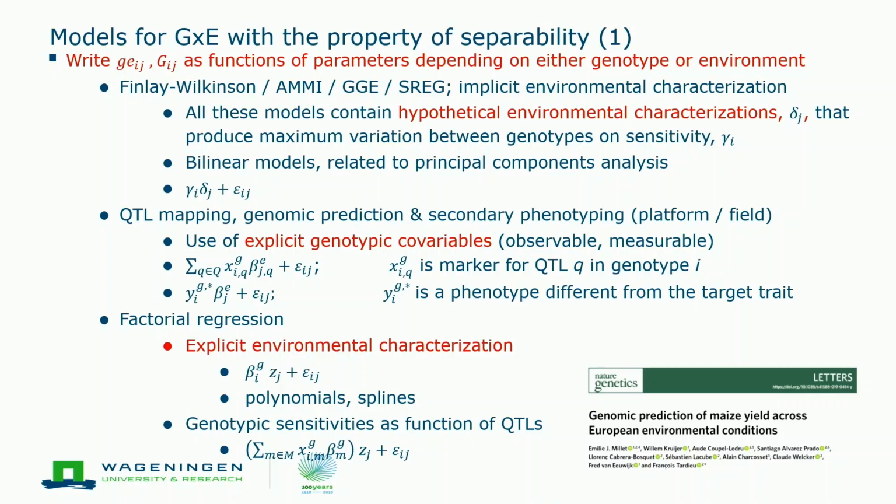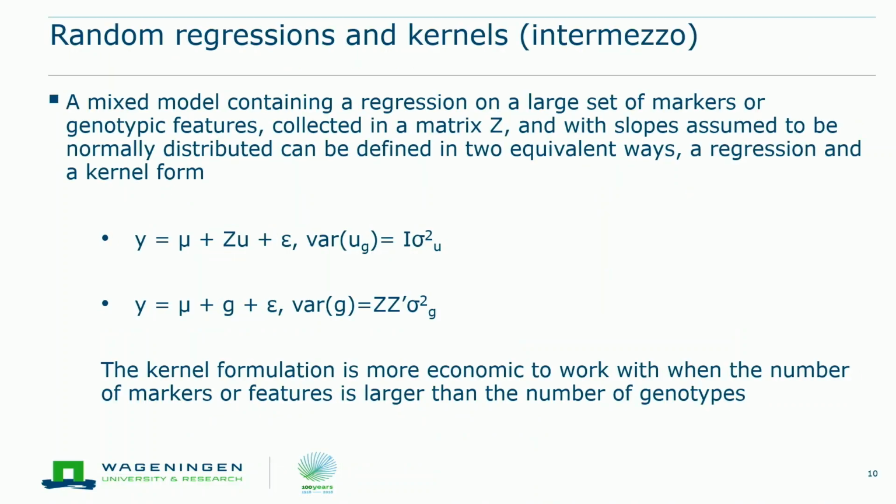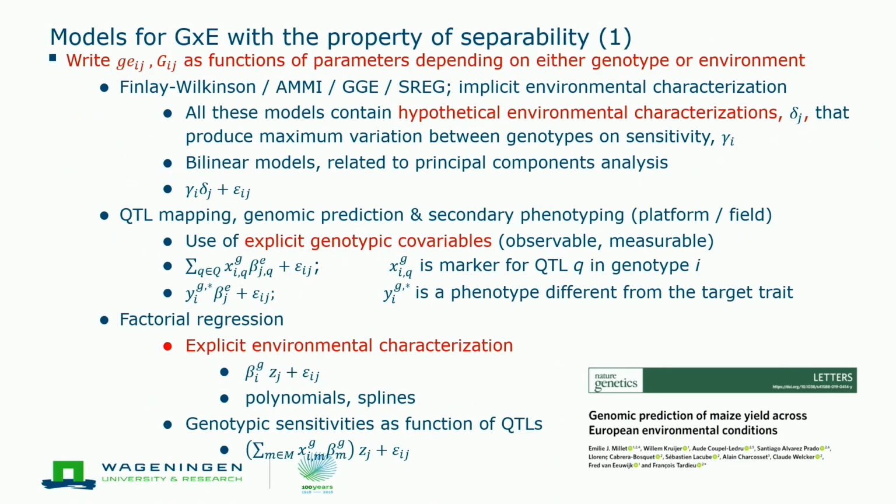Okay, now one element that I think is, well, I mentioned it a number of times already, separability. Separability is not a very well defined mathematical term, but basically what we try to do, and you can see it here, is write the original G by E term, in this case, typically as a product or something that looks like a product.